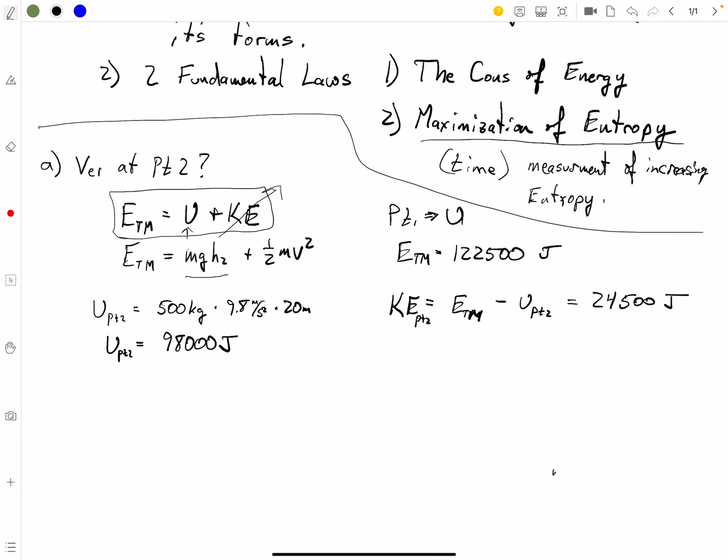Okay, great. 1/2 mv squared equals 24,500. We can now solve that for v squared.